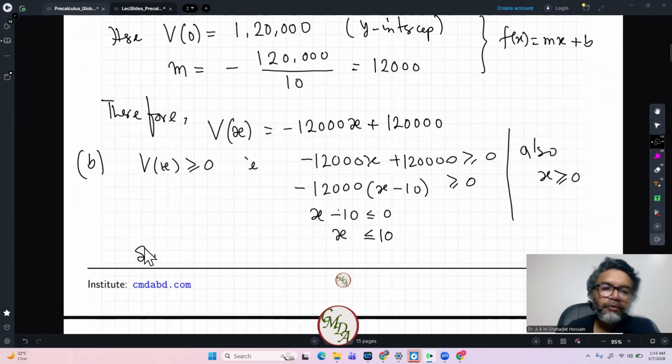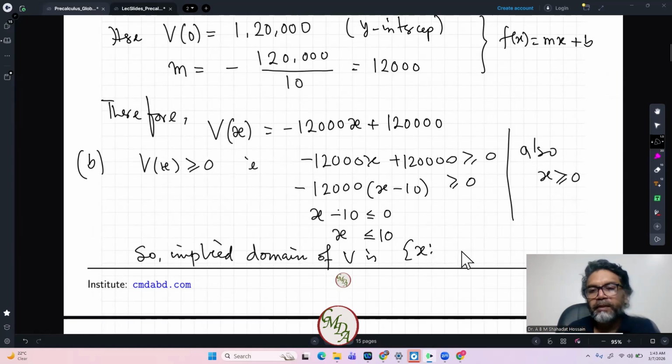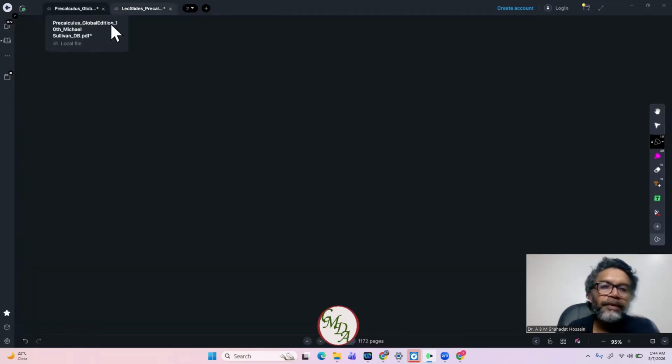So the implied domain here, the domain that will be used, is: the domain of V is the set of all x such that x is greater than or equal to 0 and less than or equal to 10. So this is our part 2, part B.